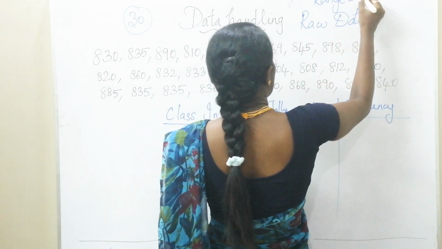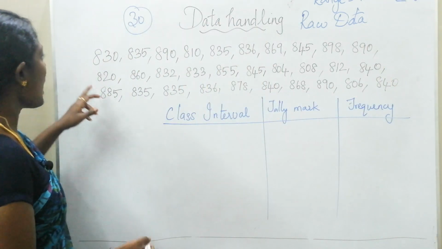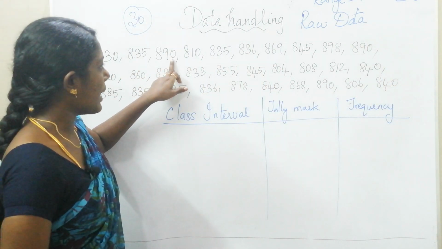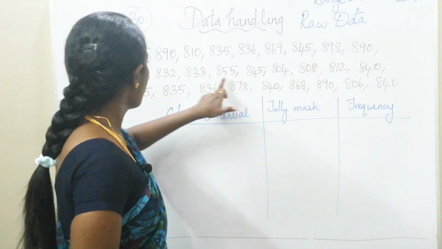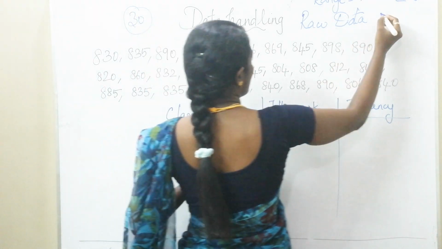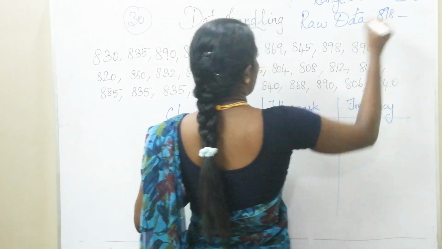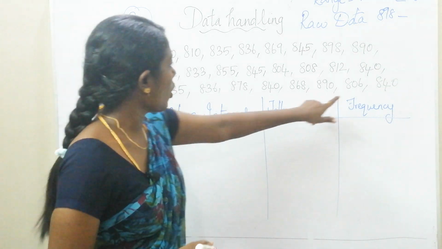Range is nothing but the highest value minus the lowest value in the data. So what is the highest value in the data? It is 898. So 898 minus the lowest value, which is 806.